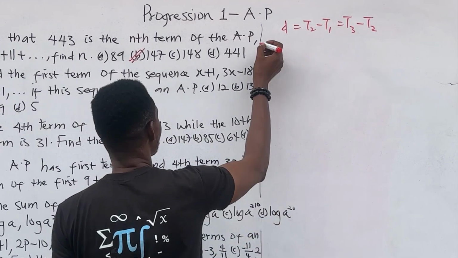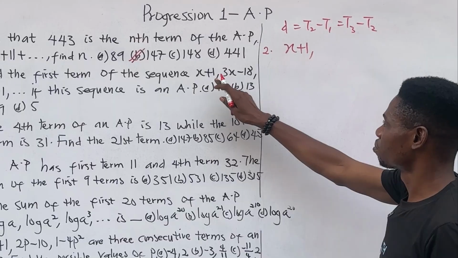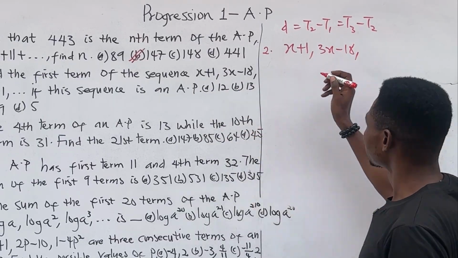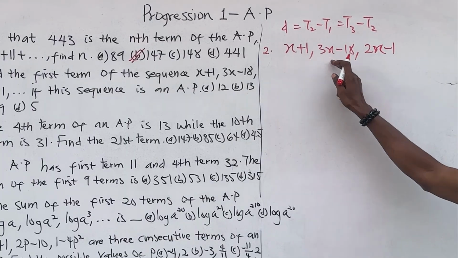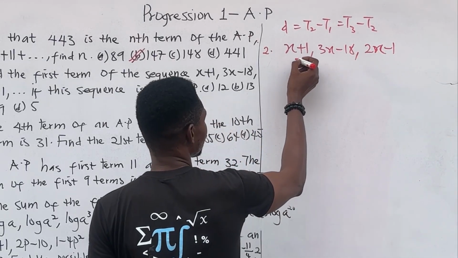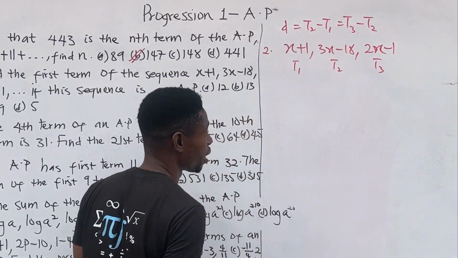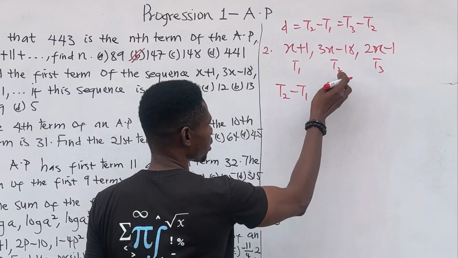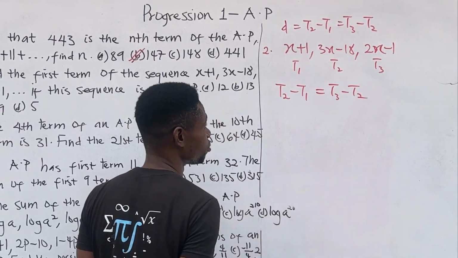for an AP. So to solve number 2, we are given this sequence x plus 1, that's one term, another term 3x minus 18, then another term 2x minus 1. Now, if these 3 terms are in arithmetic progression, as the question says, it means that the common difference, remember this is our T1, T2, and T3, at least 3 consecutive terms in that AP, right? So our common difference, T2 minus T1, will be the same as the common difference T3 minus T2.